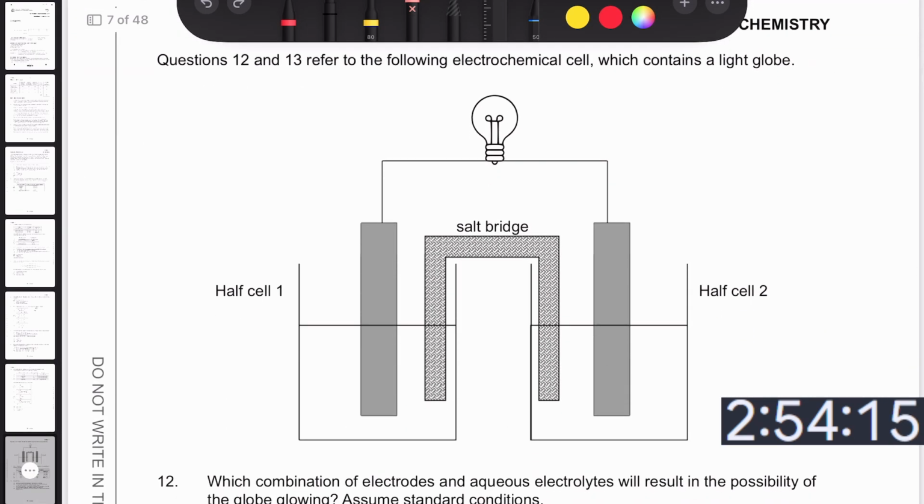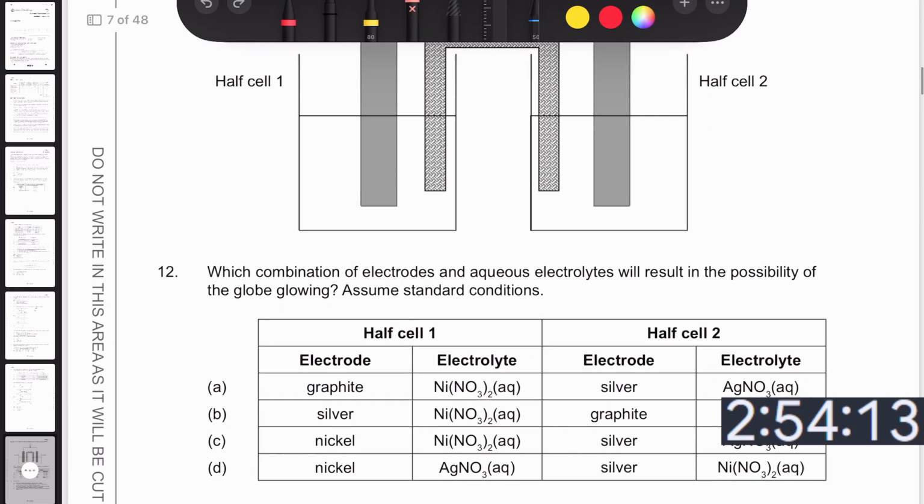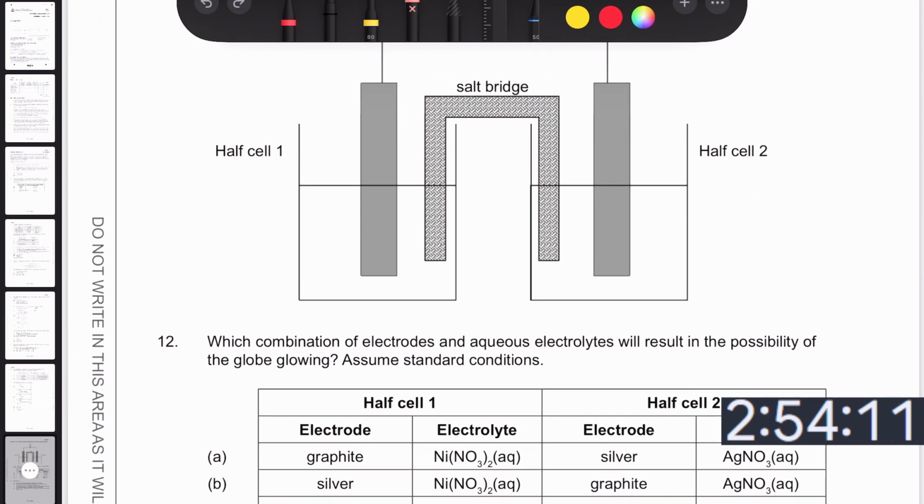Question 12 is the following electrochemical cell which contains a light bulb. Which of the following combinations of the aqueous solutions will result in the possibility of the globe glowing? So let's see. So we're going to have nickel aqueous. Just going to do my right hand rule or my clockwise rule. Nickel aqueous, and then silver.